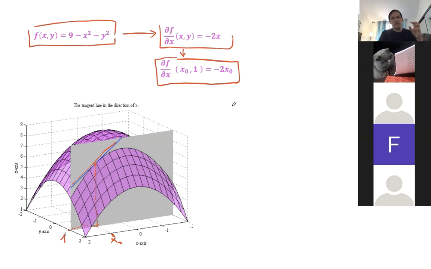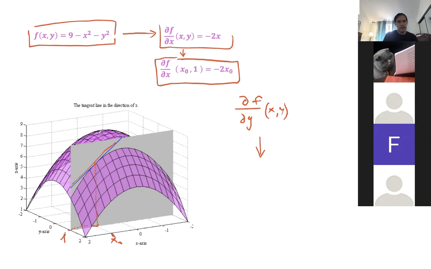The partial derivative with respect to y has exactly the same interpretation. So I can compute the derivative of this function f with respect to y. This is also a function of two variables, x and y. And then I can evaluate this function at a specific point.